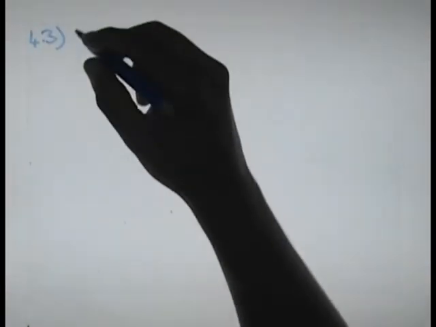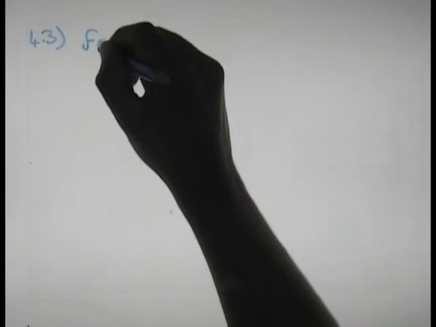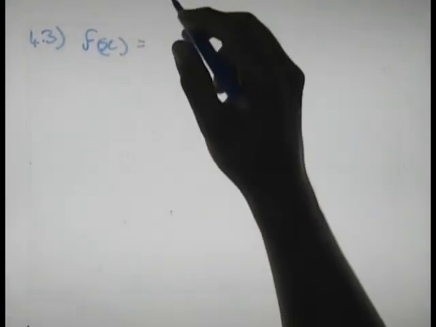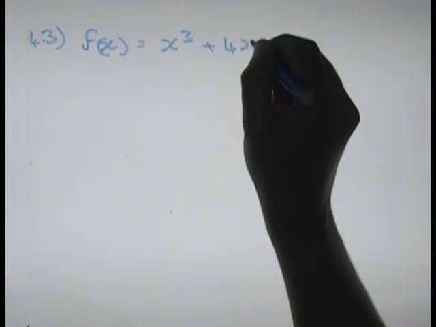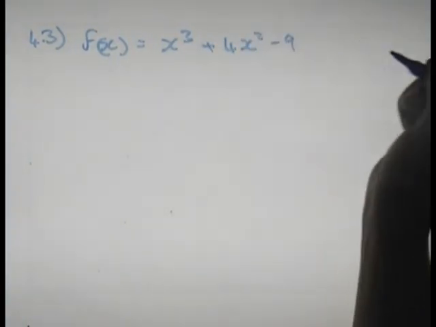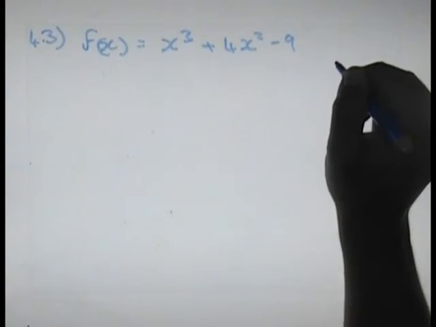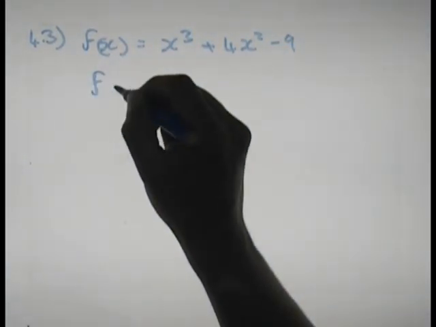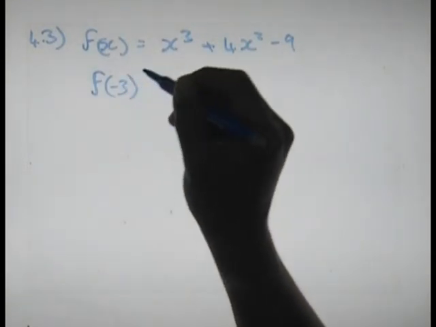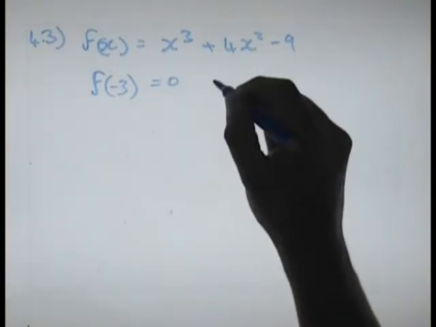Number 4.3 read f of x is equal to x cubed plus 4x squared minus 9. Again, using trial and error and my calculator, I find that f of negative 3 is equal to 0.